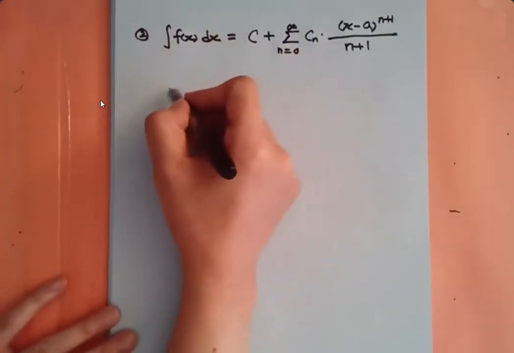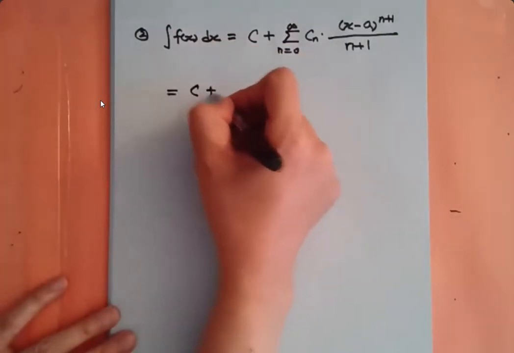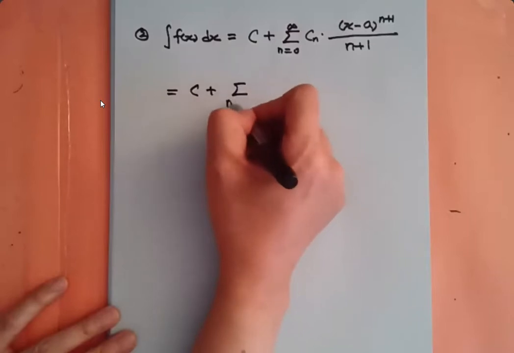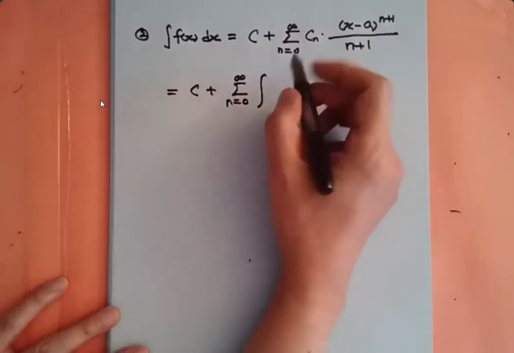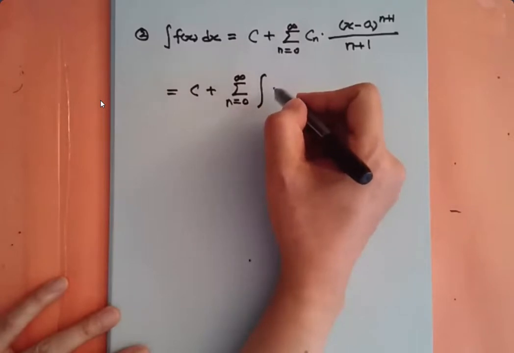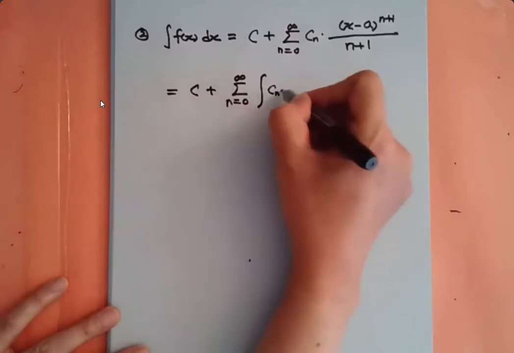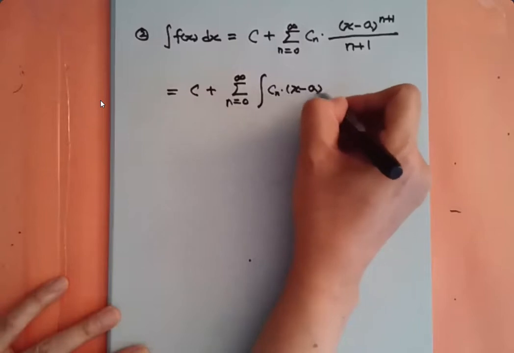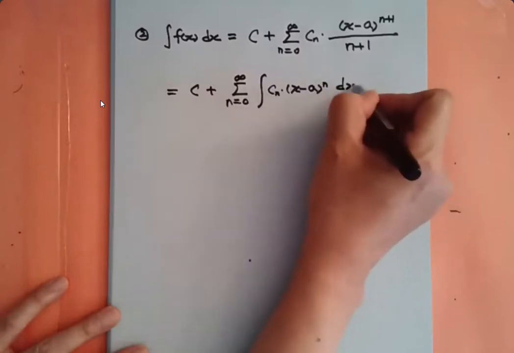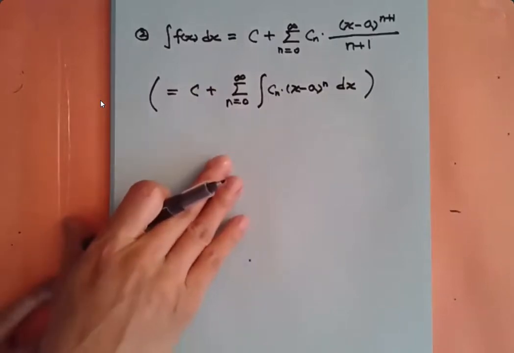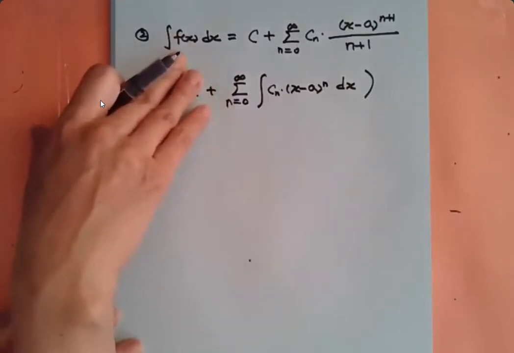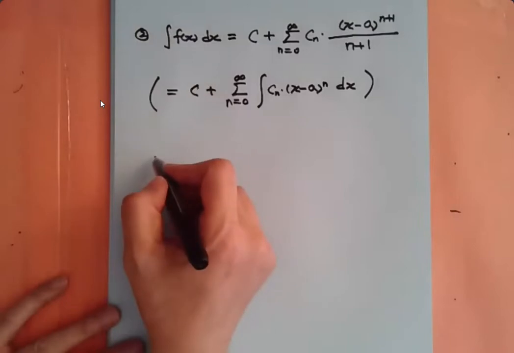This comes from C plus summation n equals 0 to infinity of the integral of Cn times x minus a to the n power dx. So term by term integration is the integration of the power series.